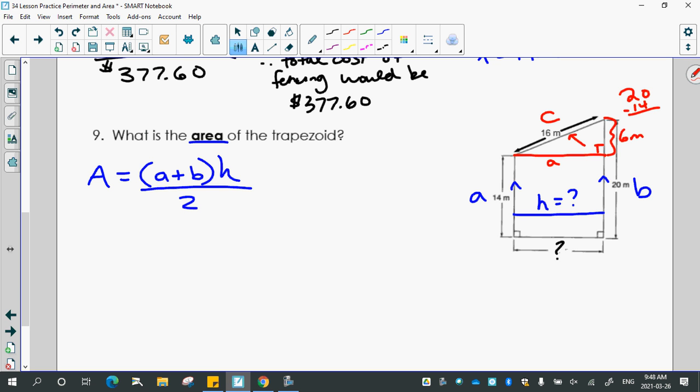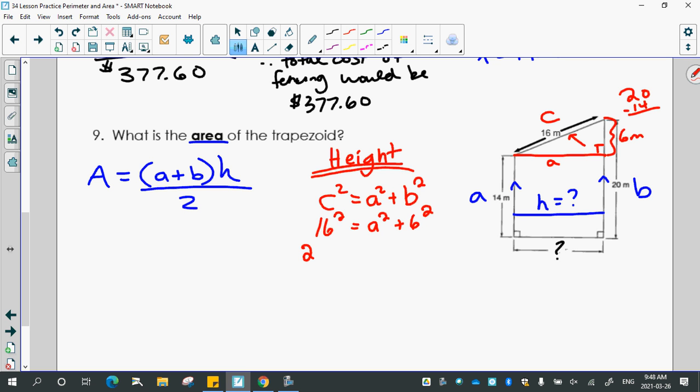Okay, so I can do the Pythagorean theorem. I'm finding the height right now. So C squared equals A squared plus B squared. 16 squared equals A squared plus 6 squared. 256 equals, I can change A to H if I want, H squared plus 36.